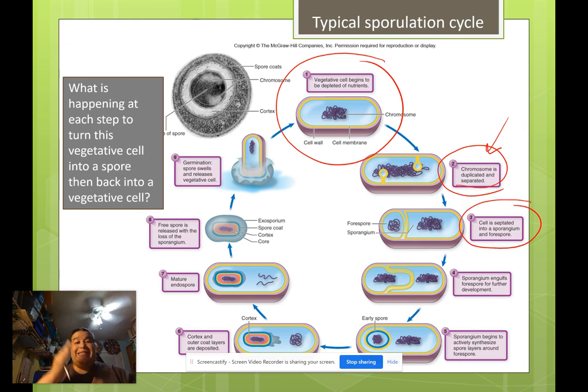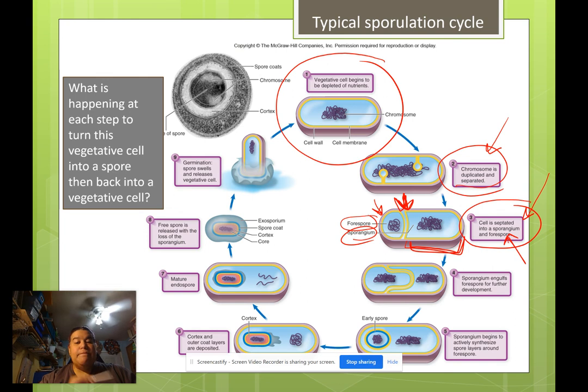The cell will septate. It'll form a septum. See that division point right there? It divides into a sporangium and a forespore. So, the forespore is this little dude here. This over here is going to be the sporangium.